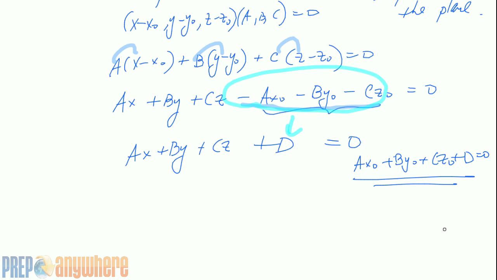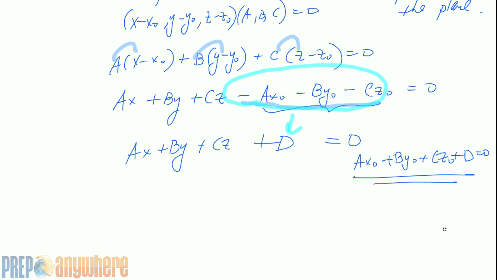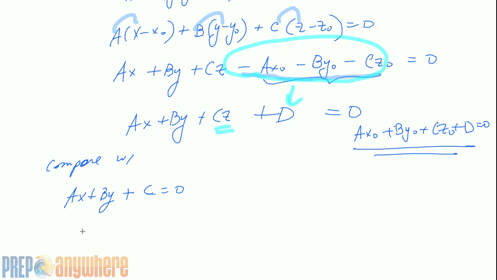Doesn't this look like the equation of a line? The only extra thing that we have here is a z. We're missing z in the line, so compare with ax plus by plus c is equal to 0. This was a two-dimensional line with a slope of minus a over b, and the coefficients a, b are actually the normal, right?